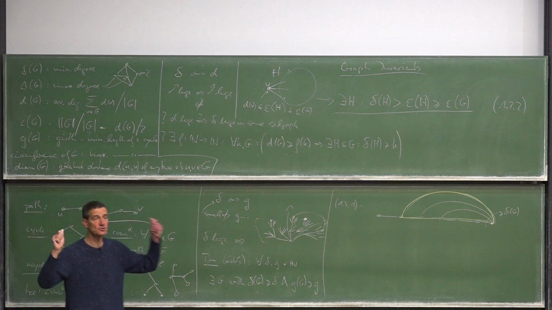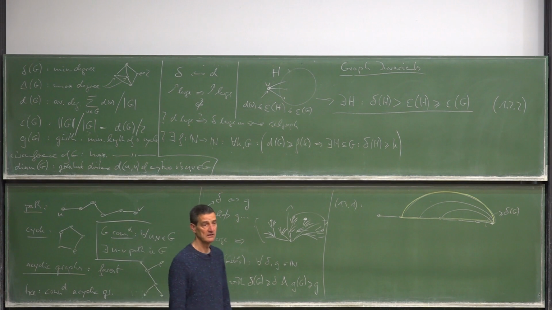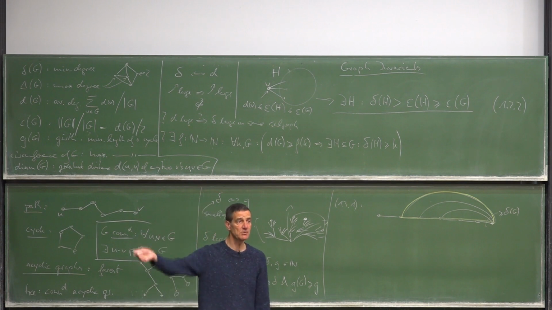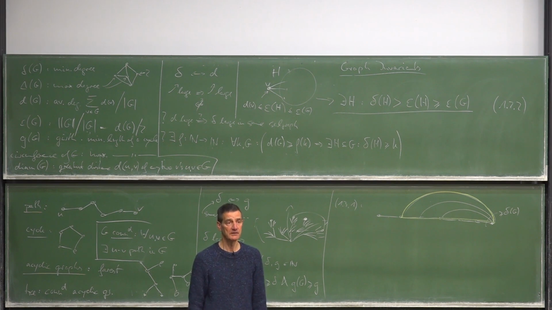It's the length of the shortest path between u and v. So it's the maximum over the minimum of the path lengths between u and v, taken over all pairs of u and v.